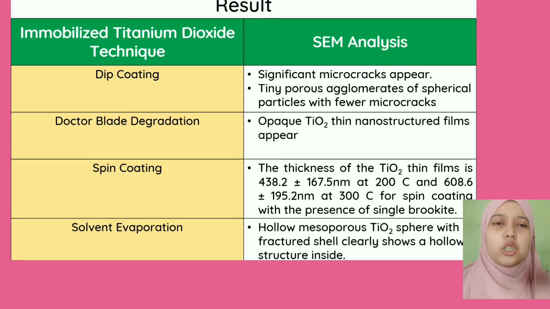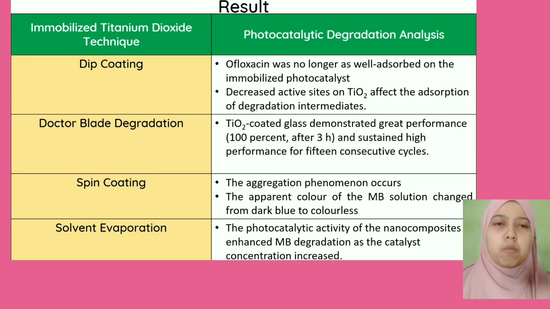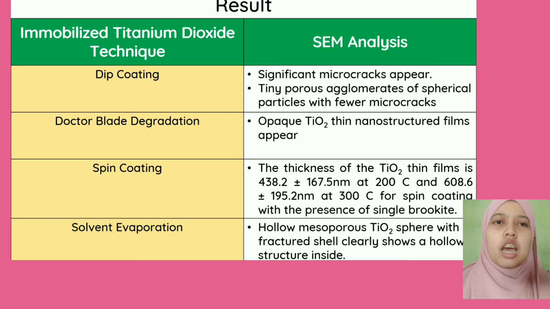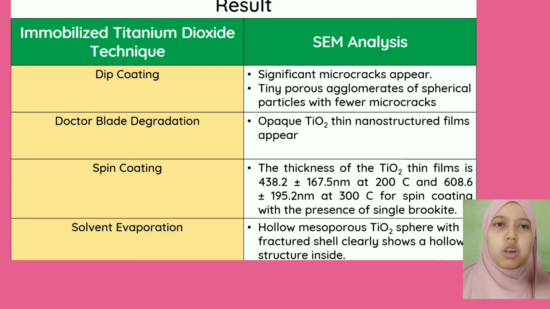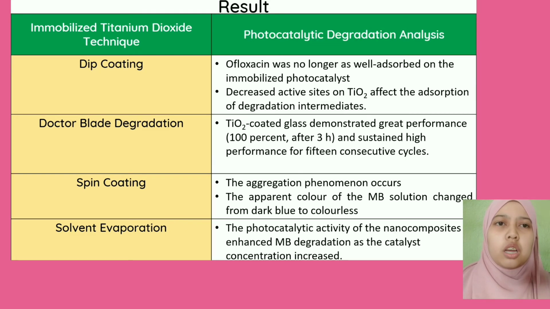This can be seen through the SEM analysis, which shows the presence of a single bromide. The thickness of the titanium dioxide thin films increased for spin coating compared to dip coating in the research of Johari in 2019. Spin coating also just needs a small amount of polymer binder as it is small enough to deposit uniform thin film on flat substrates.